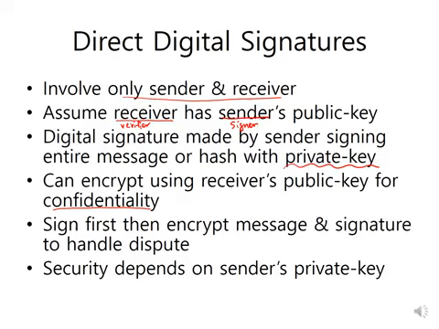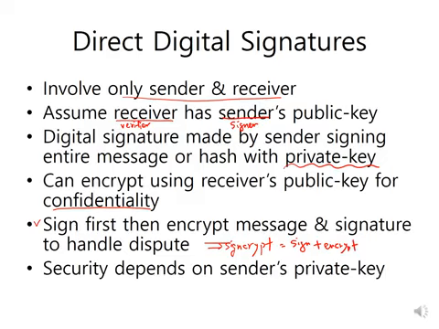In order to do that, this may be one option: sign the message first, and then encrypt the message and signature together at the same time. So this is called sign-crypt. Sign-crypt means data signature plus encrypt.